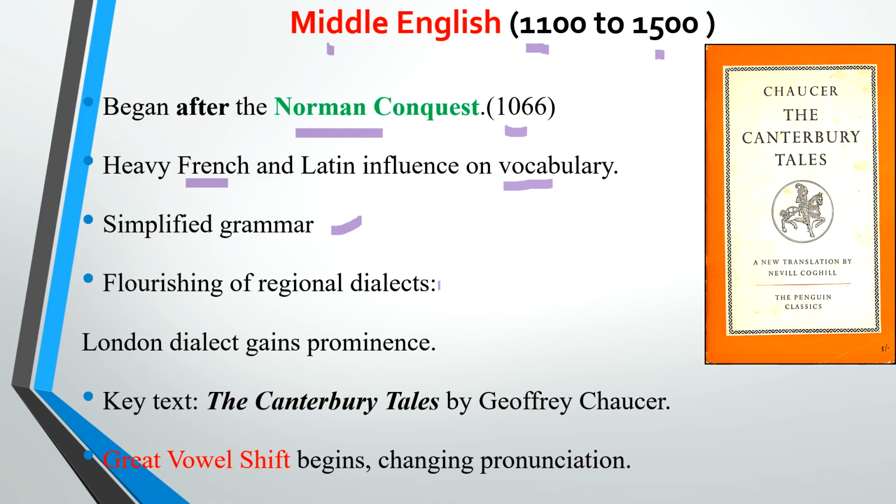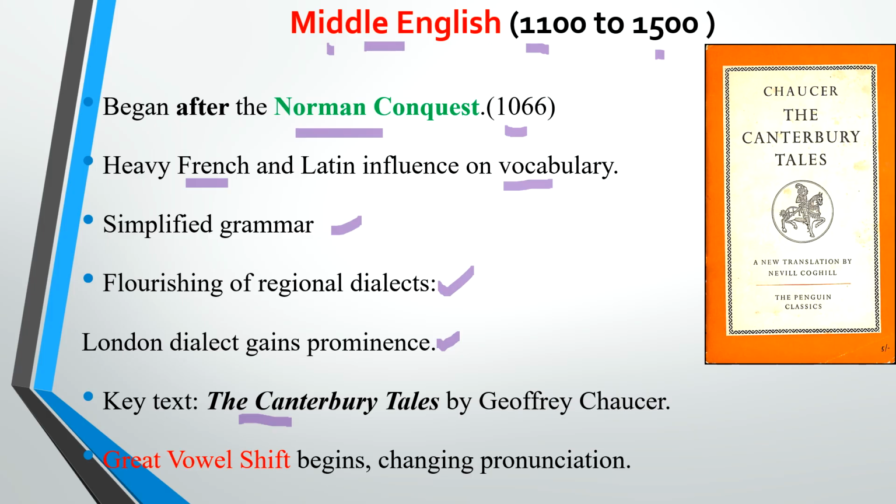So there was a development of dialects during the Middle English period, and London gained prominence. The dialect of London gained prominence, and there was also Chaucer's influence. Geoffrey Chaucer's works, particularly the Canterbury Tales, are central to the late Middle English period.